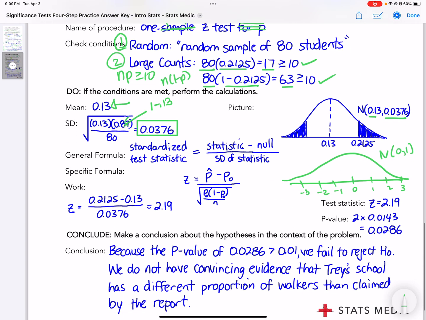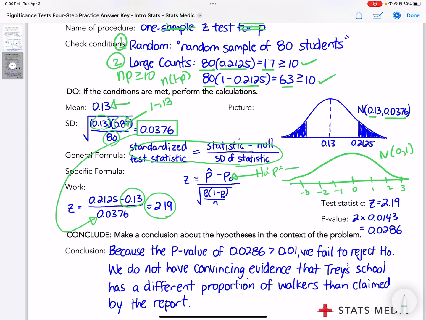Okay, so then we're going to find the z-score. It's the same general formula for both t and z, but for my specific formula to find the z, I use p hat minus p naught, and of course, that's just from the H0. That's what the p equals. And then, of course, that's the same p that we're using down here. So you'll see the 0.13, because I get 0.13 times 0.87 over 80, and that's where this comes from here.